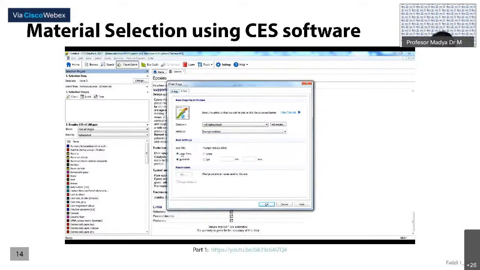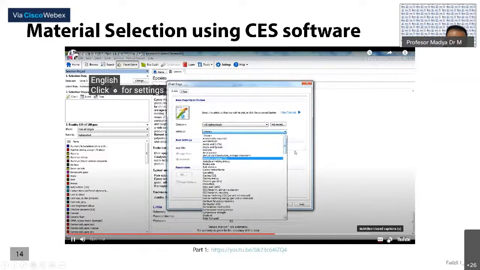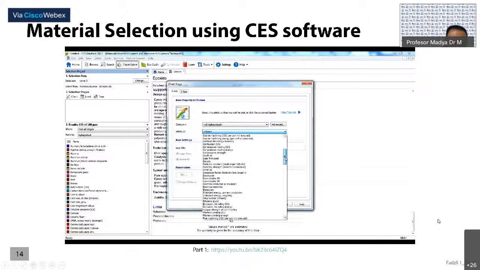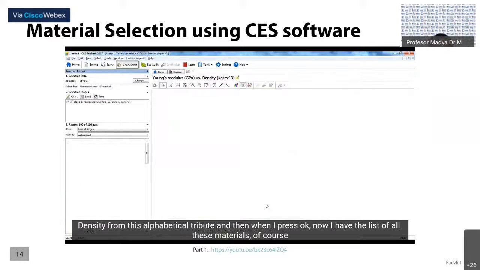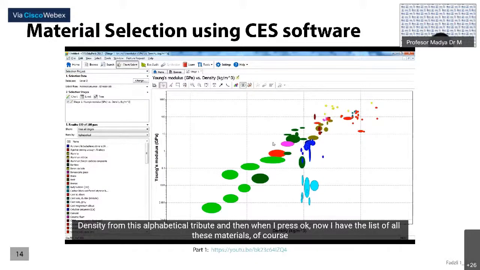On the x-axis, I leave it as logarithmic. I can choose other types of format, linear, and so on and so forth. For the x-axis, I go to the attributes and I select density from this alphabetical attribute list, and then when I press OK, now I have the list of all these materials.